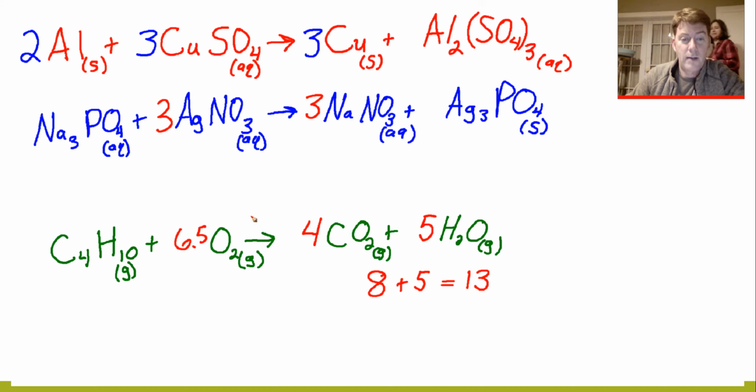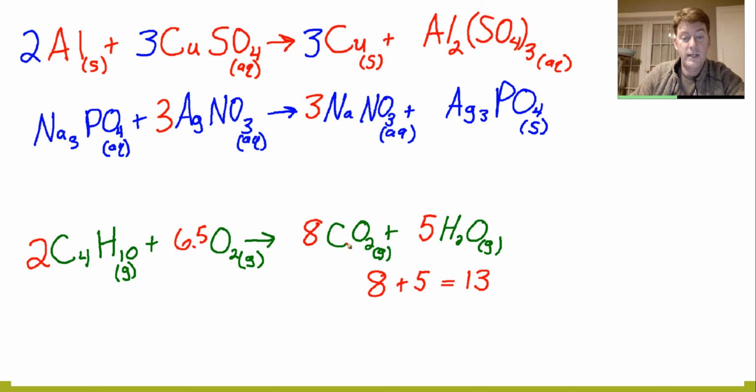So if you ever have a problem like this, you got an odd and an even number. That's not going to work. Double it. If you double it, you'll get whole numbers. So I'm going to put a 2 out front here. Well, now 2 times 4 makes 8 hydrogens. So I change this, and I want an 8 there now.